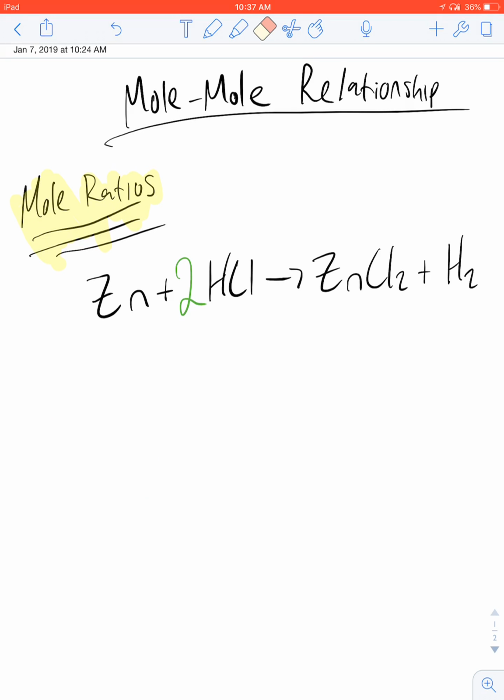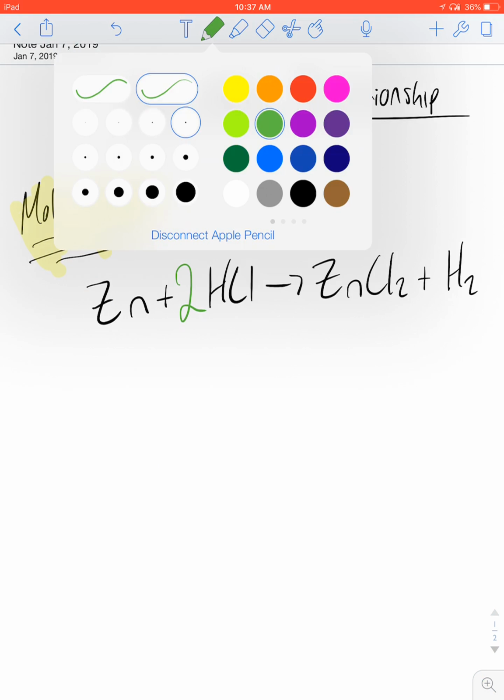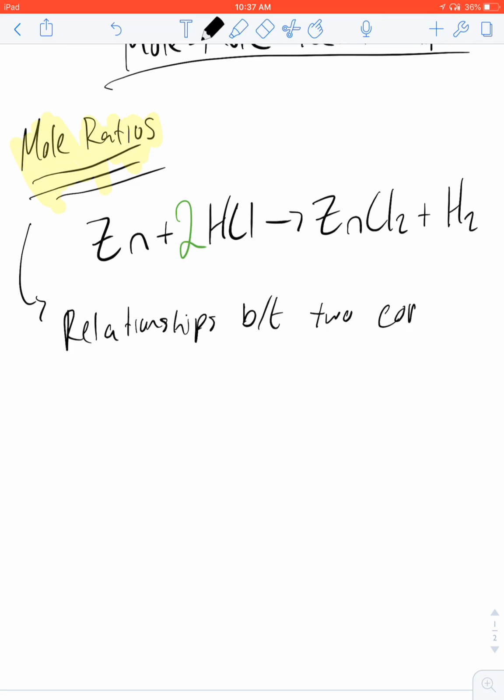So now that we've balanced our chemical equation, we can actually make our mole ratios. And remember, mole ratios are relationships between two components in a given chemical reaction.